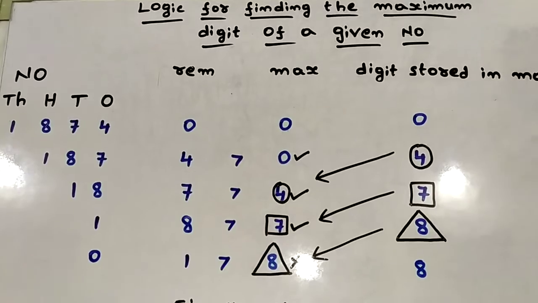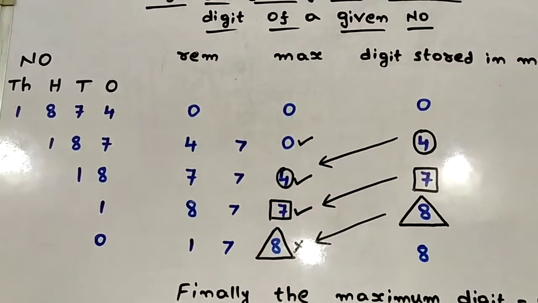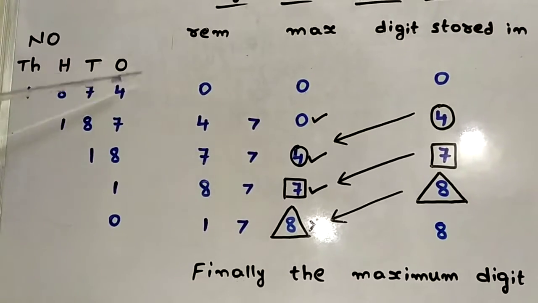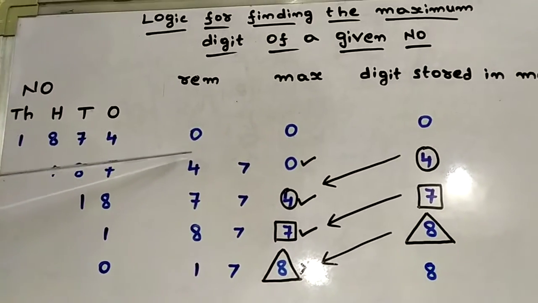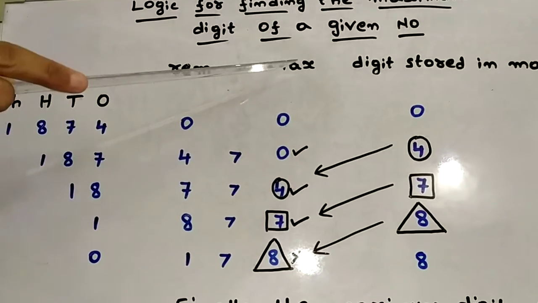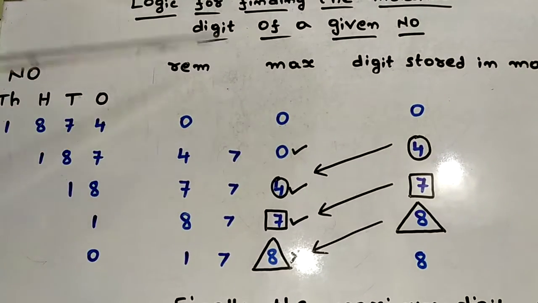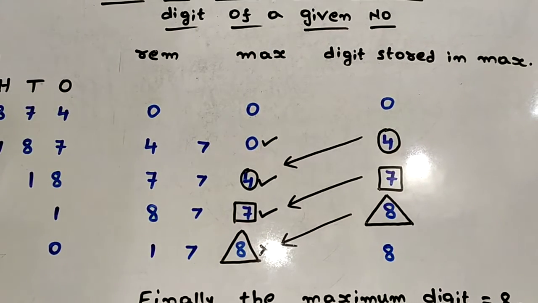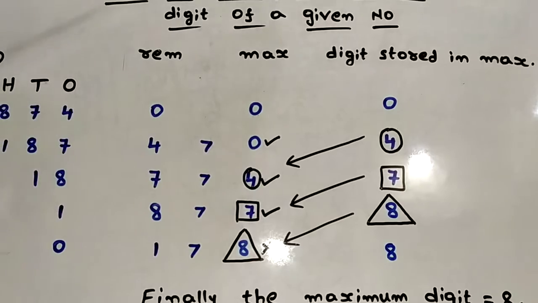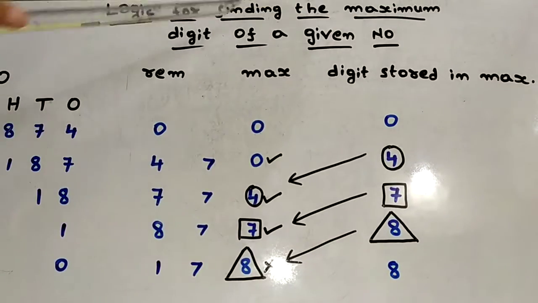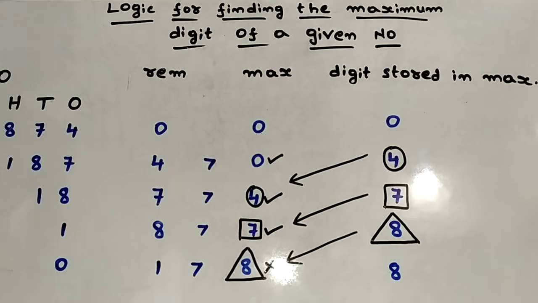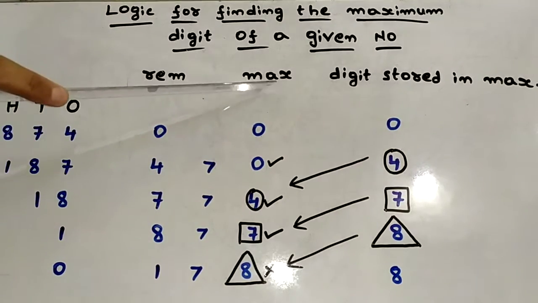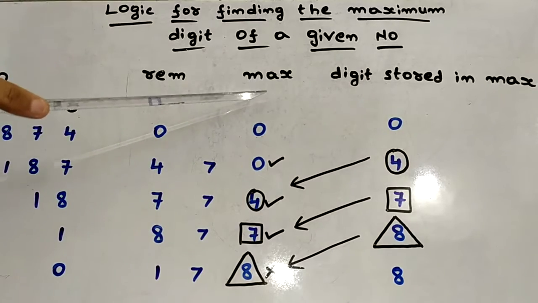Let us see how it is going to work out. 1874 is the number. REM initially consists of the value 0. Max also initially consists of the value 0. Here I would like to explain one simple technique. While you are finding the maximum digit of a given number, you have to take a variable called max.